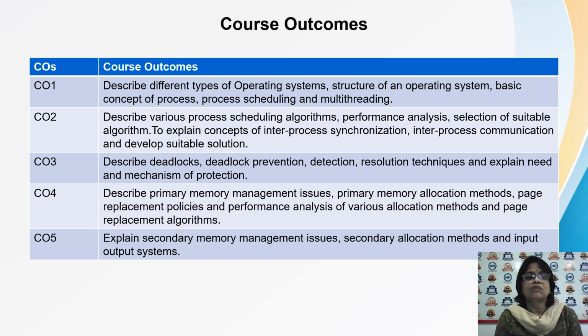Unit 5 will explain secondary memory management issues, secondary allocation methods, and the input output systems. So the course outcomes are nothing but what students will be able to achieve after studying the whole syllabus: all these 5 outcomes.